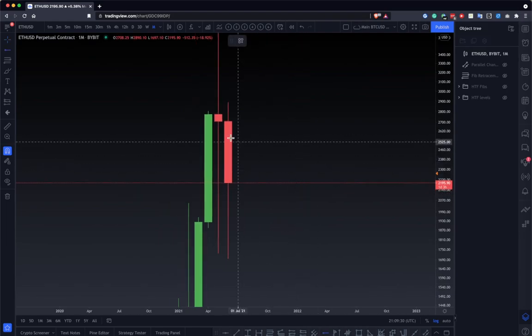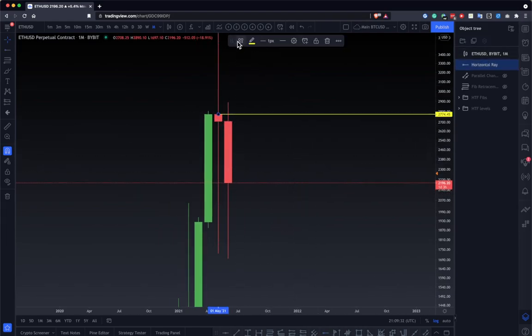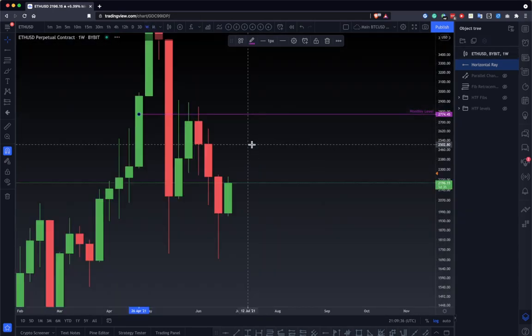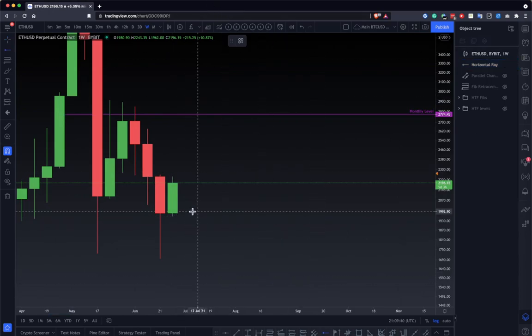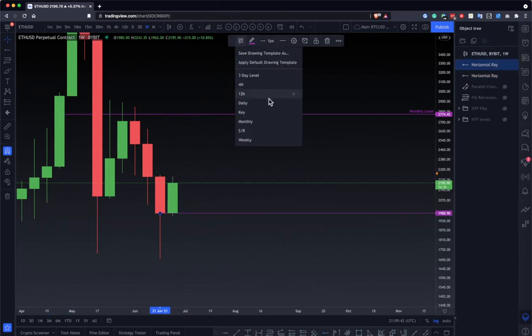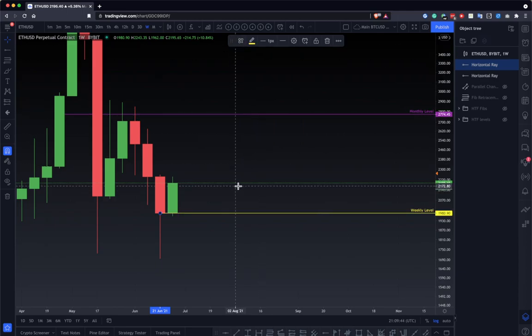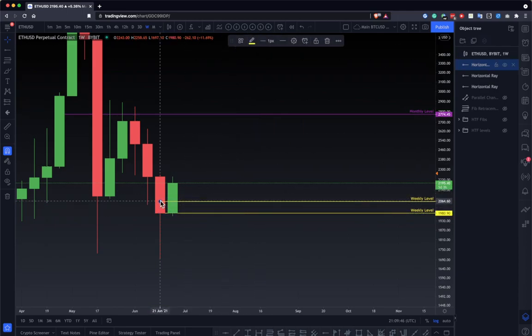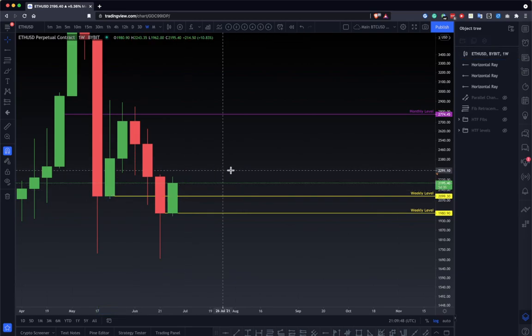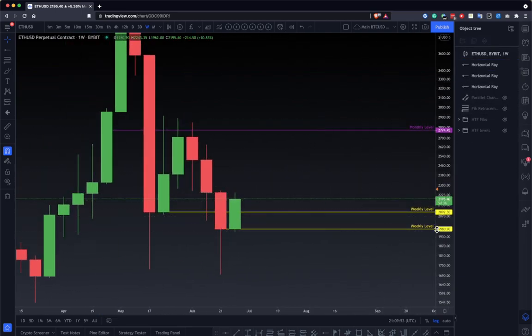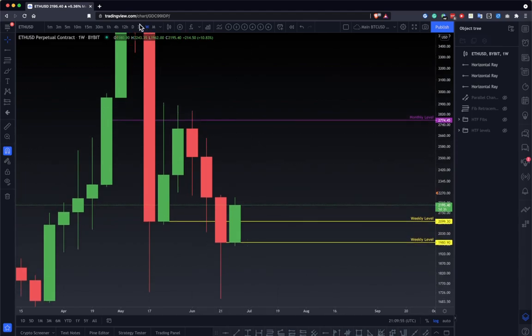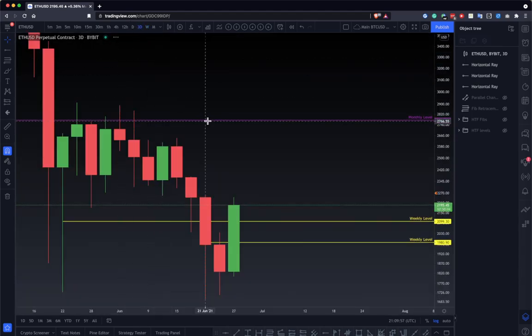Again, let me mark out this monthly. We have weekly here. This one I'm doing separately because I want to have it in a different folder and look at the very close price action.